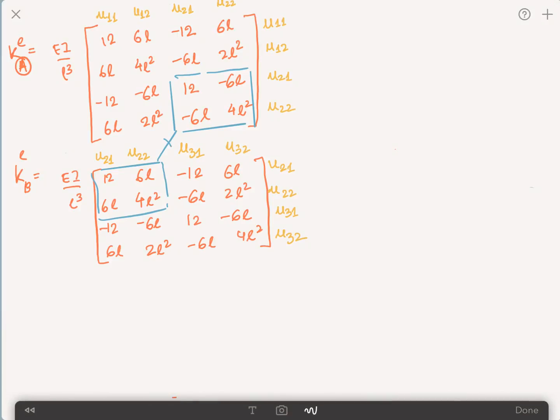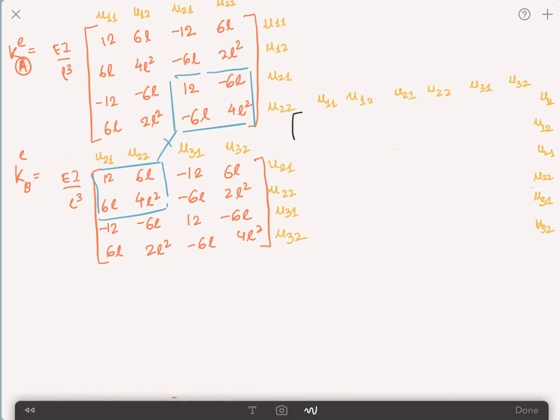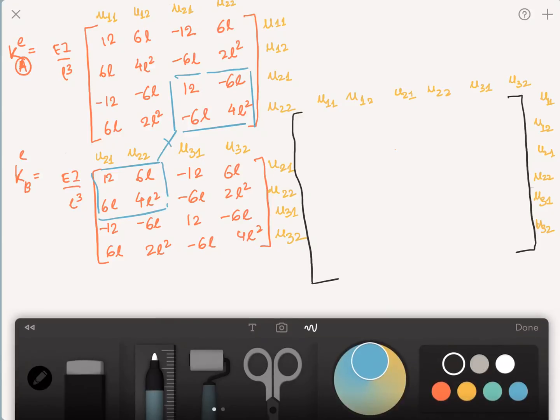So if I'm going to start writing a global stiffness matrix, U11, U12, U21, U22, U31, U32. Sorry about this, but I'm a bit cramped. I should have planned better. So I'm going to set up a matrix which you can see is 6 by 6 for 6 degrees of freedom.